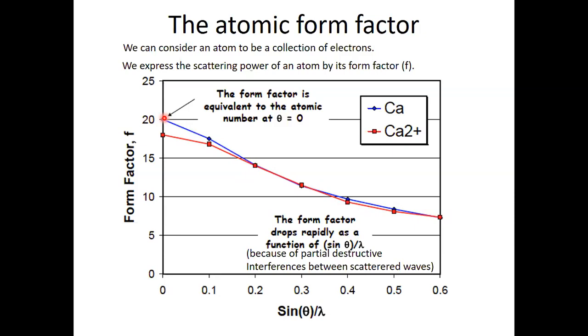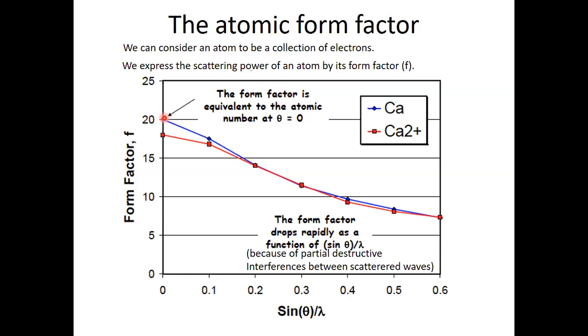Therefore, an X-ray scattered at electron number 1 and an X-ray scattered at electron number 2 within the same atom will interfere with each other and create an interference phenomenon.